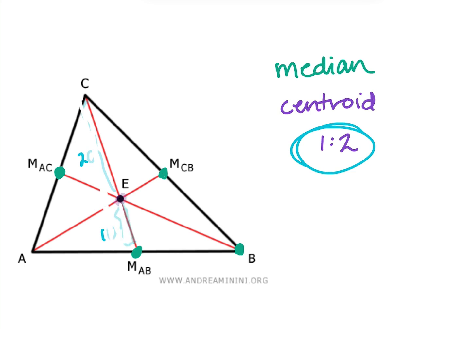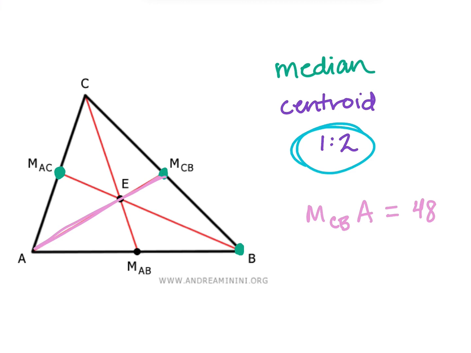Let's say that I know that M sub CB A, so that means this entire median. Let's say I know that that entire median has a length of 48.